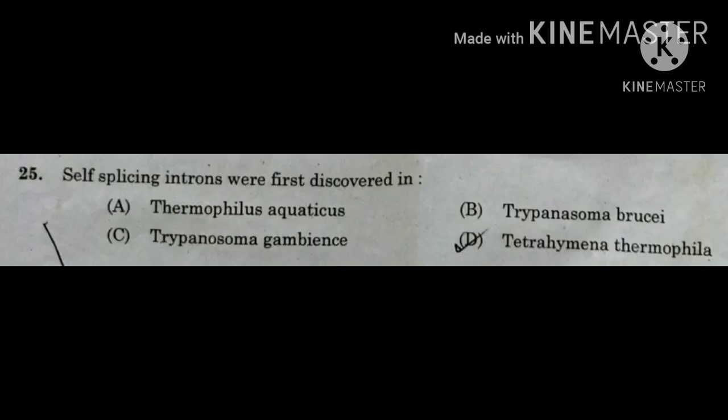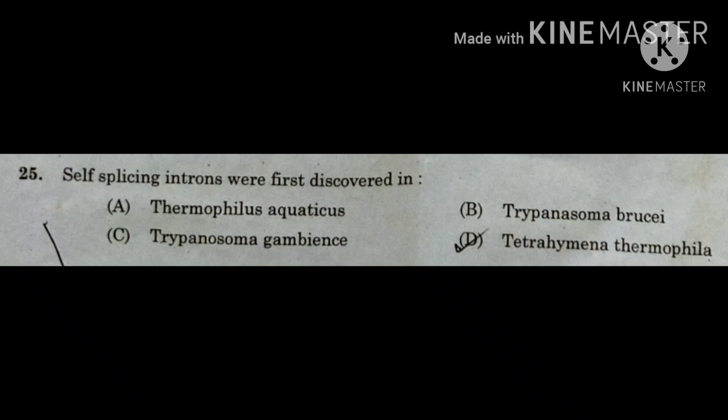Next question is, cell splicing introns were first discovered in option A, Thermus aquaticus, option B, Trypanosoma brucei, option C, Trypanosoma gambiense, and option D, Tetrahymena thermophila. You know that the process of production of RNA from DNA is known as transcription, or RNA synthesis. But the RNA produced is a long RNA.